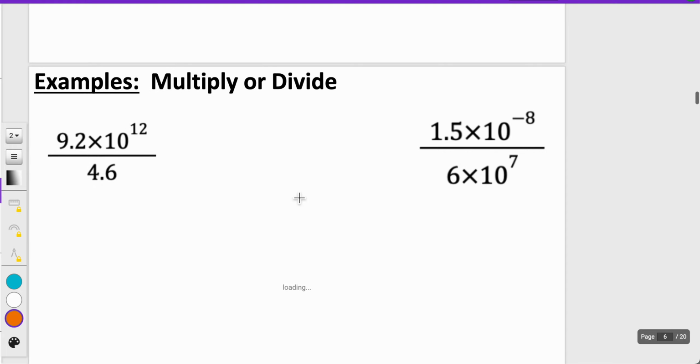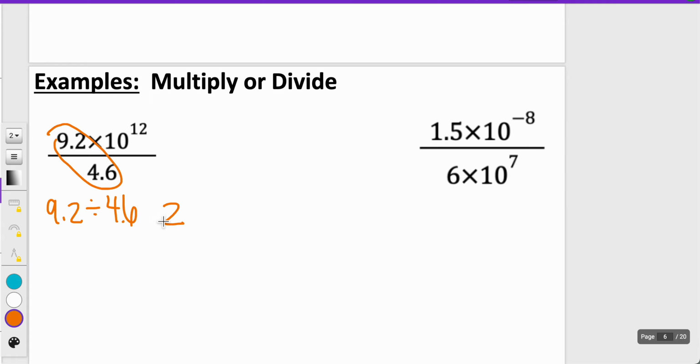So here are two quick examples that we'll start off with. The first one we have is 9.2 times 10 to the 12th over 4.6. So the first thing we would want to do is divide 9.2 and 4.6. When we type that into our calculator, 9.2 divided by 4.6, we're going to get 2.